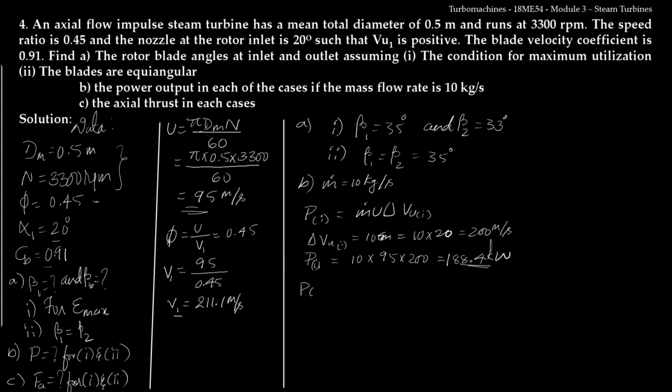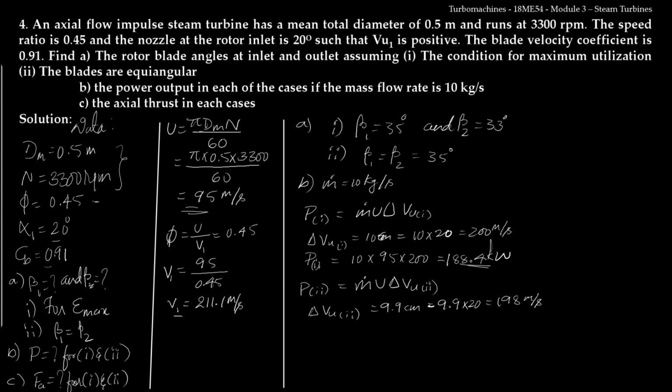Now we need to find out the power for the second case. So the power for the second case is given by mass flow rate into U into delta Vu for the second case. We got delta Vu for the second case as 9.9 centimeter, which will be equal to 9.9 into 20, which is 198 meter per second.